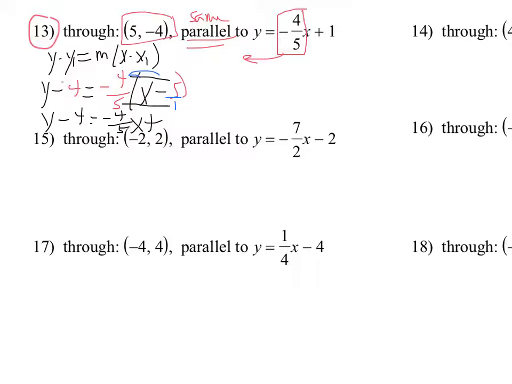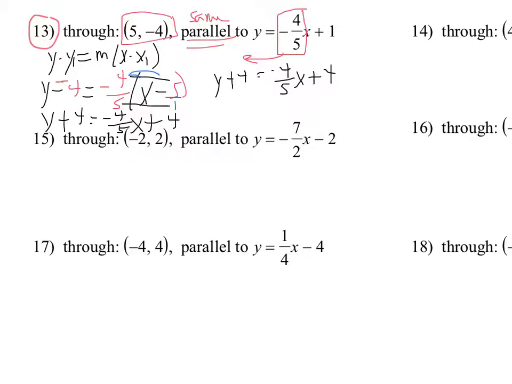And 20 divided by 5 is 4. So to rewrite this, this is what we have so far. But I have to make one correction, and that is, if you remember, this was a minus a negative 4, so this should have become a plus 4.